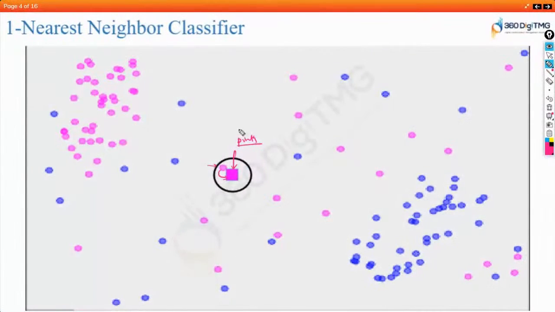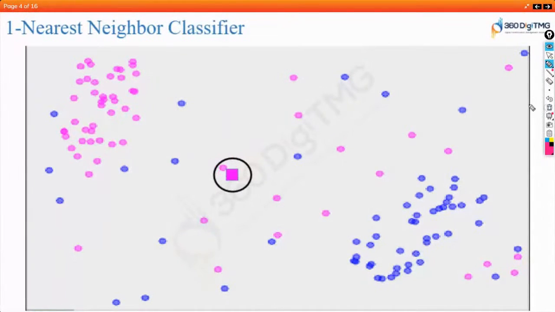Right? Now, this technique that we are applying is looking at one shortest distance. Hence, we call it 1NN, one nearest neighbor.